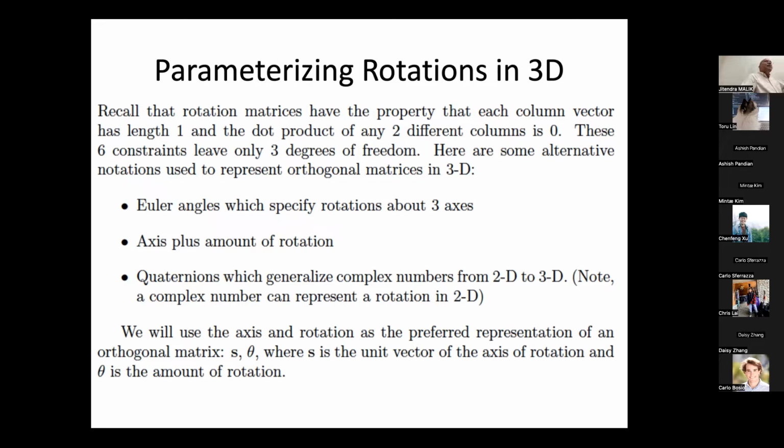So the generalization of complex numbers to three-dimensional space is this concept of quaternions, which was invented by the Irish mathematician Hamilton. The story is he was taking a walk, and then he had this brilliant idea, and he marked it on the stone of a bridge that he was walking on. I don't know whether it's true or not. When I go to Dublin, I will try to find that bridge.